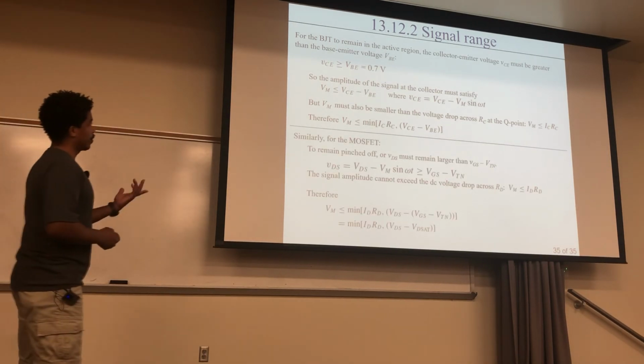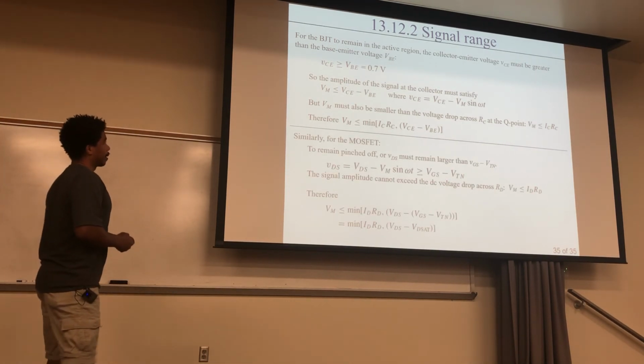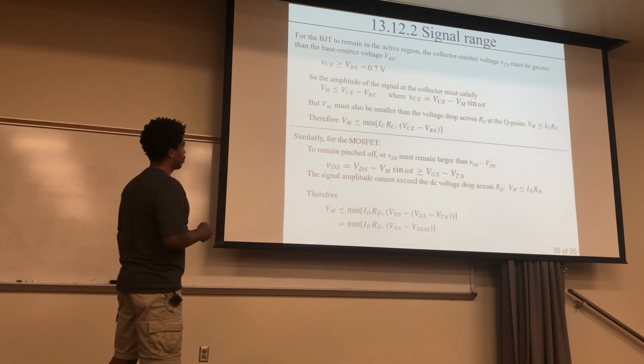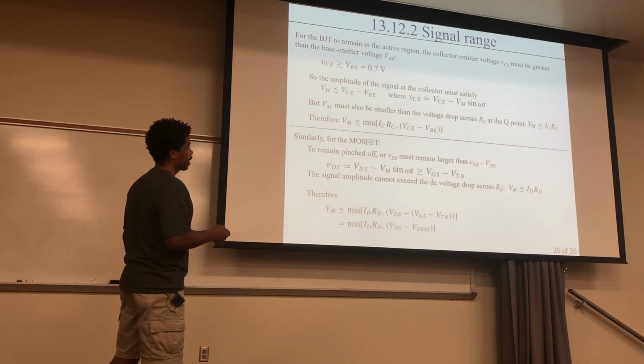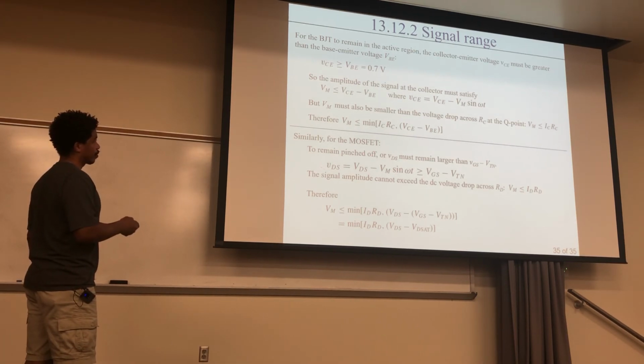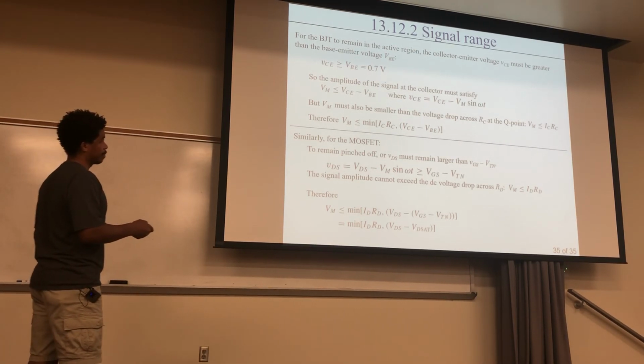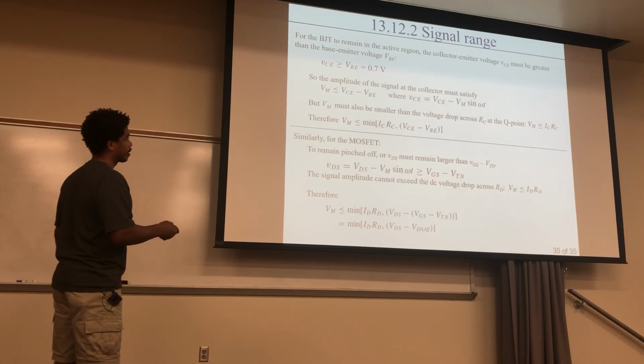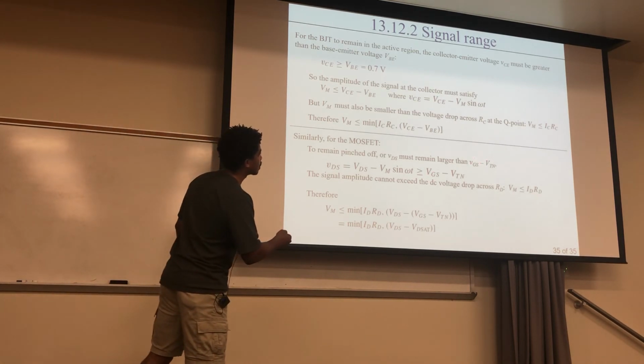And then if we want to continue this for the MOSFET, to remain pinched off, your VDS must remain larger than the difference between these right here. So that's what this is all about. Your VDS, which is equal to that, has to be greater than or equal to this. Oh wait, this is supposed to be capital, so this is DC.